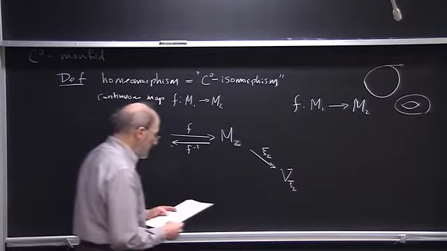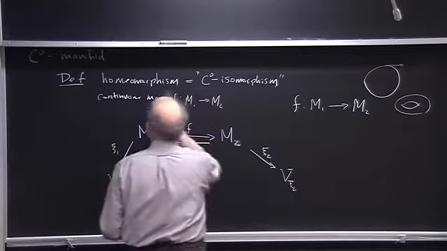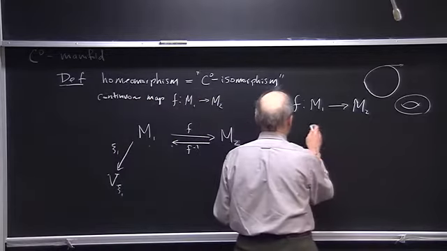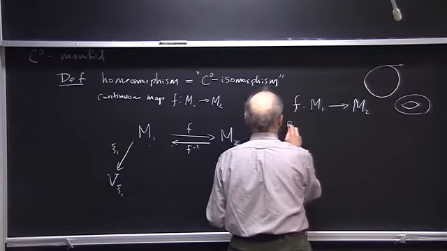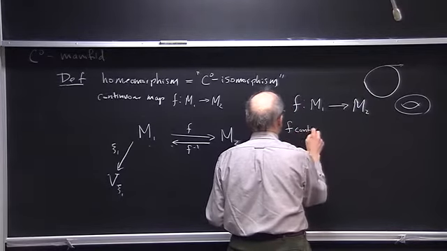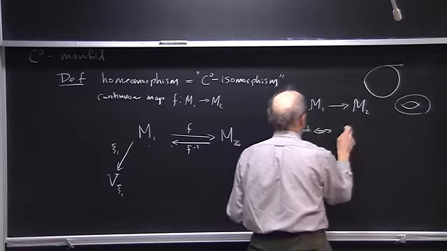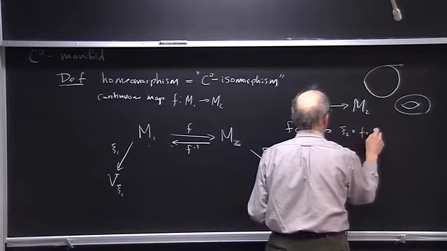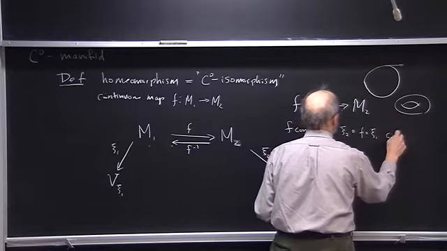And we say that F is continuous if and only if C2 circle F circle C1 inverse is continuous.